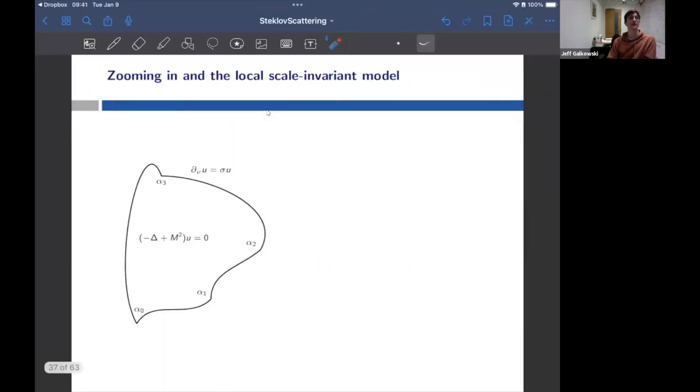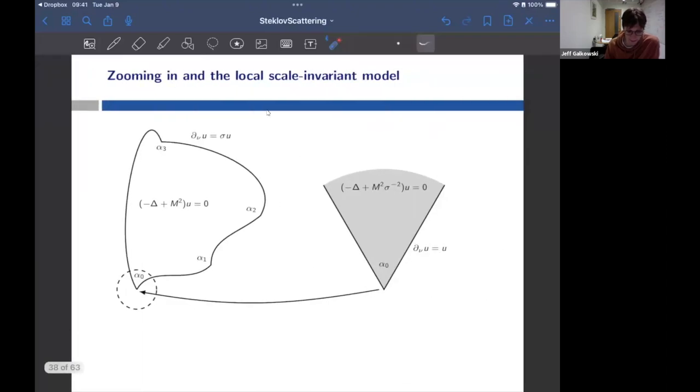So again, what do I mean? I want to zoom in and get this local scale invariant model. Here's my favorite piecewise smooth Lipschitz domain in 2 dimensions, and I grab one of these corners. As we discussed, the asymptotic problem is on an infinite wedge of angle alpha 0. I want to do this rescaling so that I remain with a positive energy, because I want to talk about the Steklov problem.